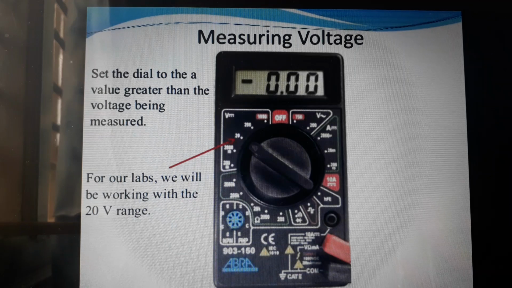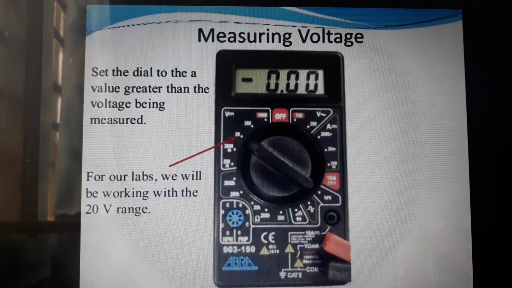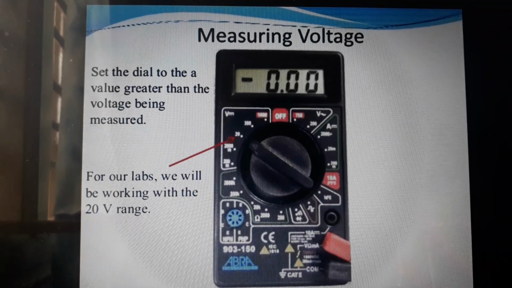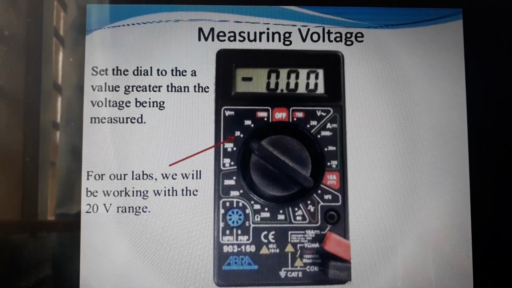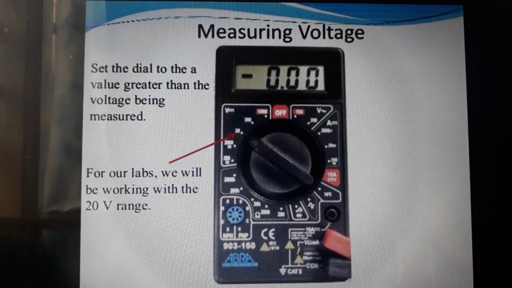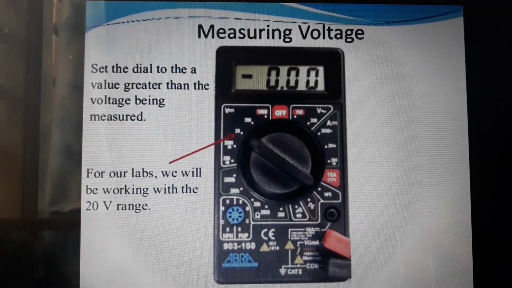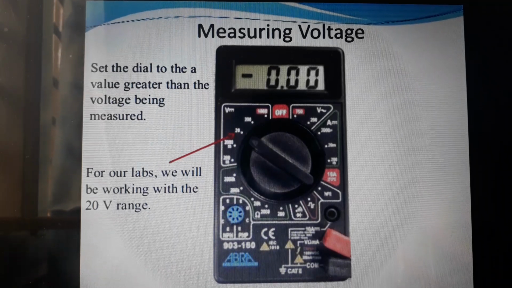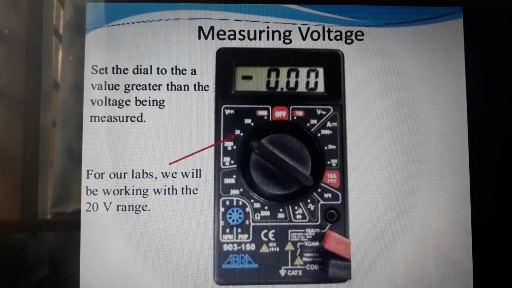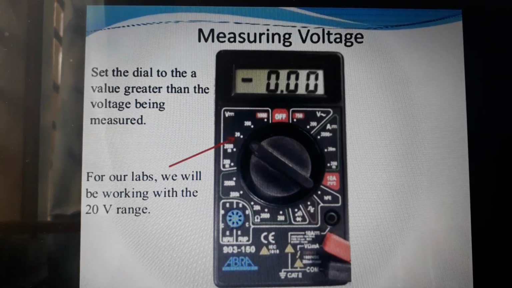So if we want to measure 5 volt, I have to set the range for the 20 volt range. If I want to measure 50 volt, I have to set that knob for the 200 volt range, 0 to 200 volt range. So for measuring the voltages, we have to set that knob for a value greater than the voltage being measured.